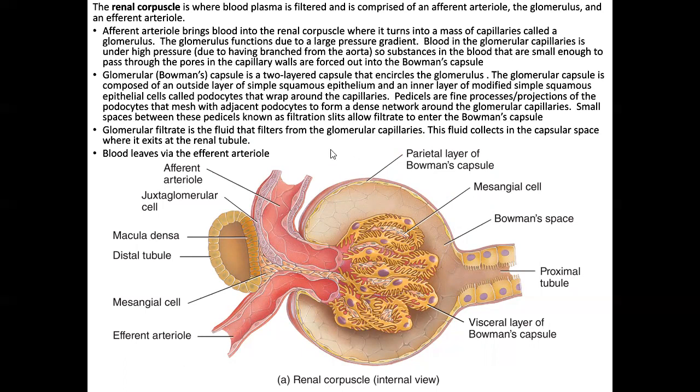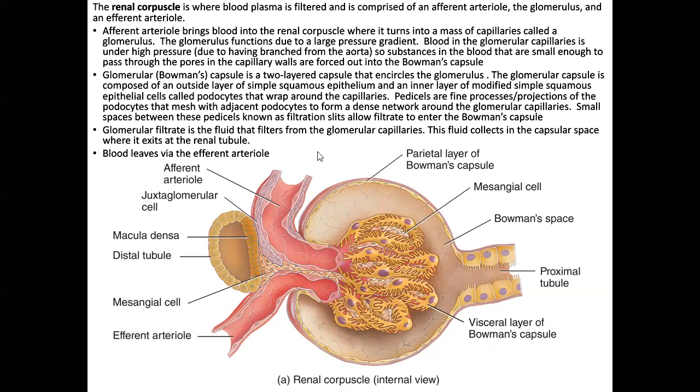An afferent arteriole is a blood vessel that brings blood into the entire structure. The entire structure is the corpuscle, and it includes not only these blood vessels, but also a capsule on the outside that encases everything and collects the filtrate inside of the space.